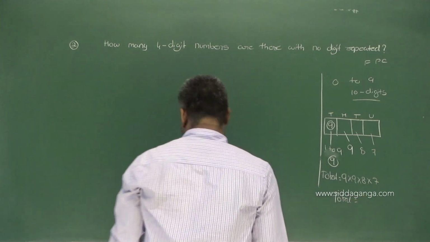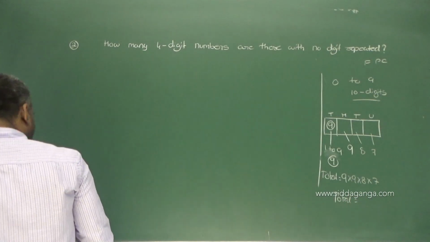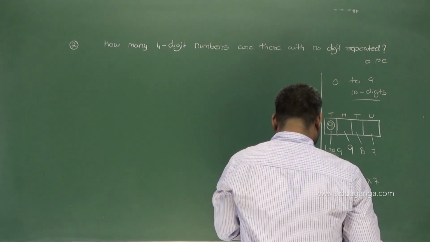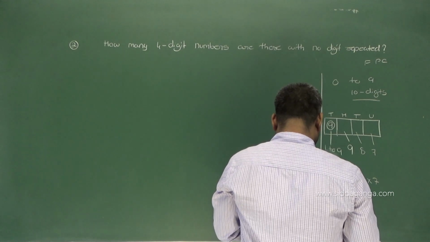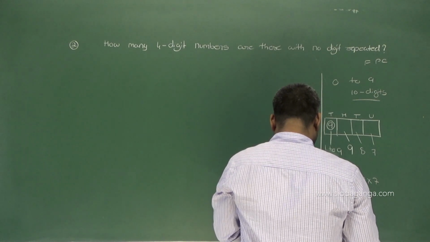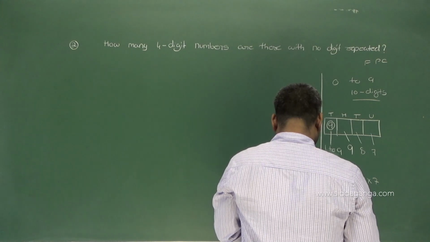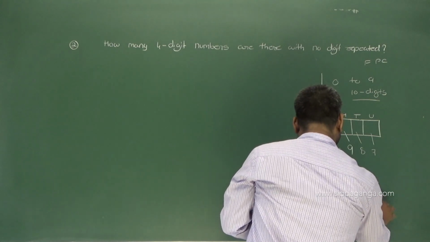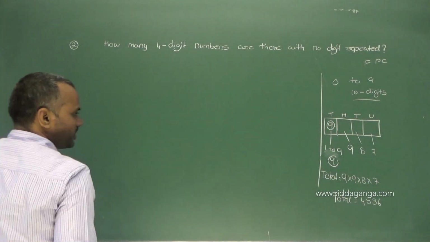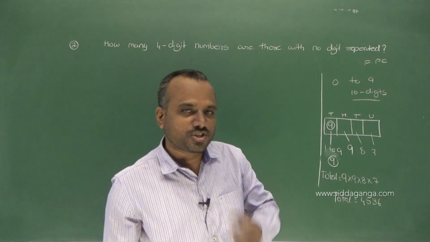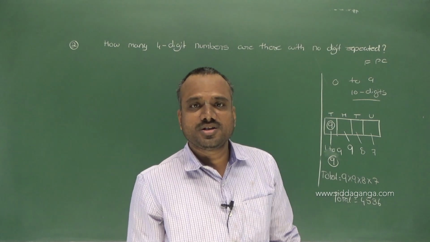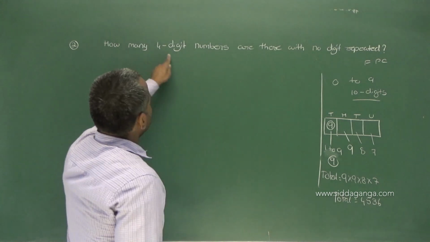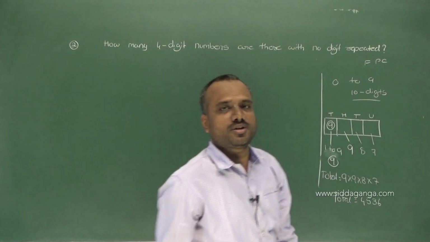So the total number of ways is how much? 4,536. The total number of ways is the total number of 4-digit numbers: 4,536. How many 4-digit numbers are there with no digit repeated?